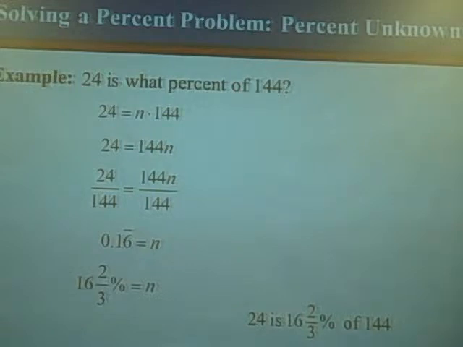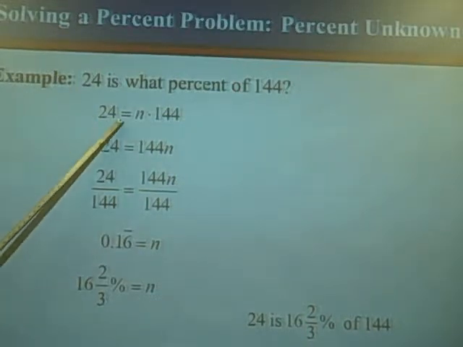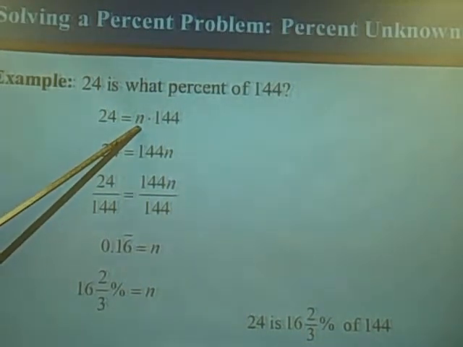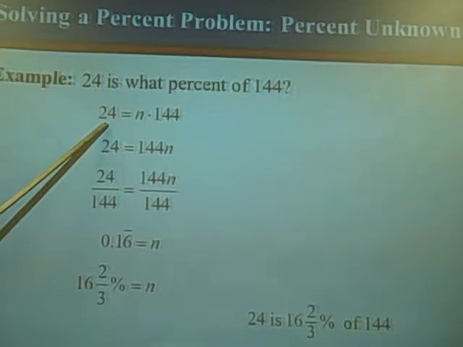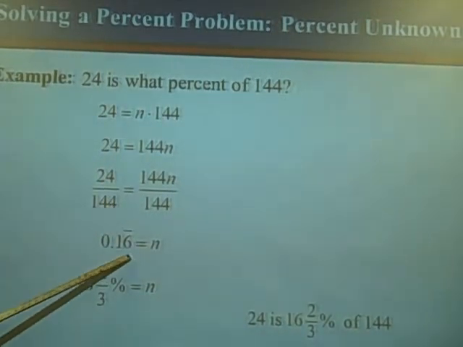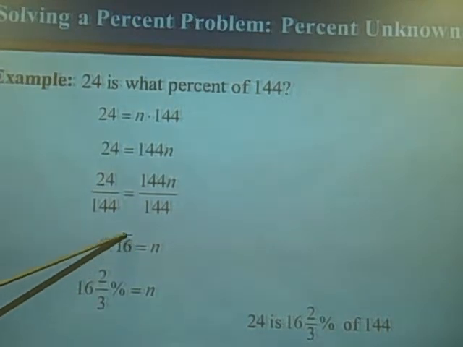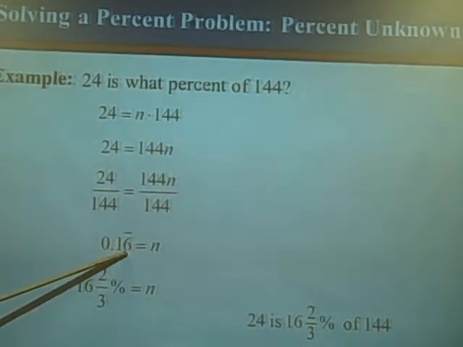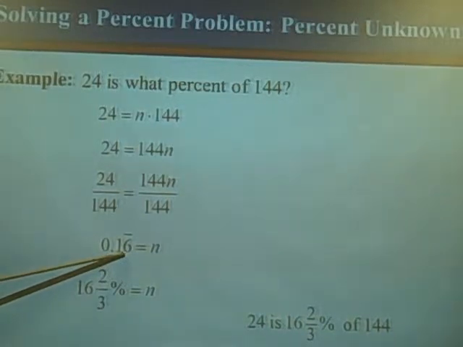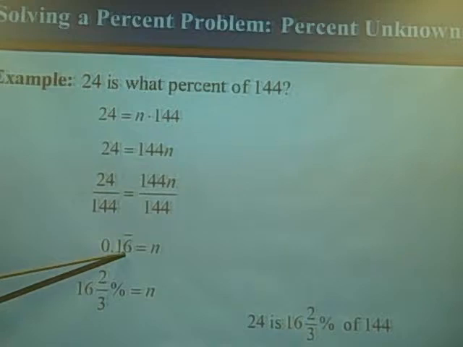24 is what percent of 144? Well, here we're trying to find the percentage, right? So we've got our base, we've got our amount. So we divide by 144, right? And we get 0.16 repeating. This bar means repeating. But that's not our answer. That's our percentage when it's converted to a decimal.